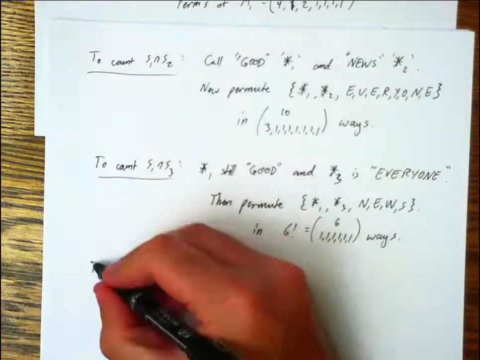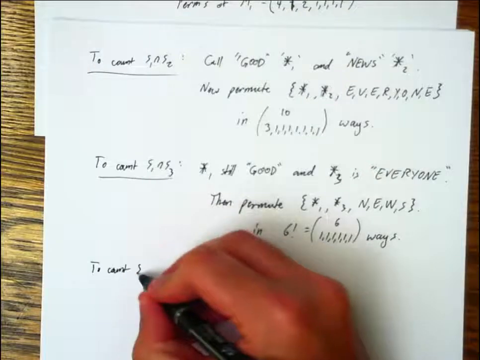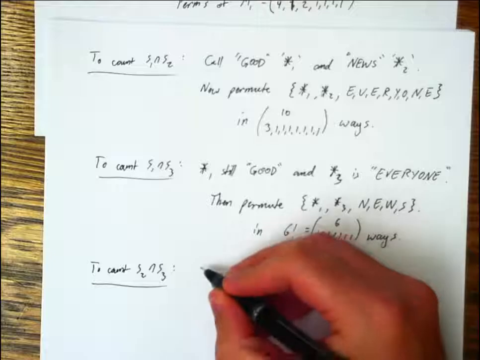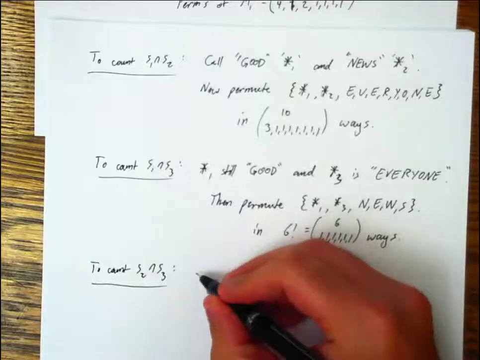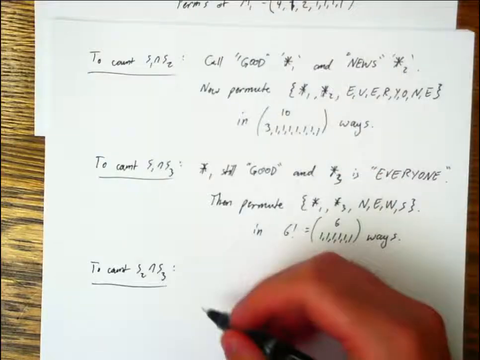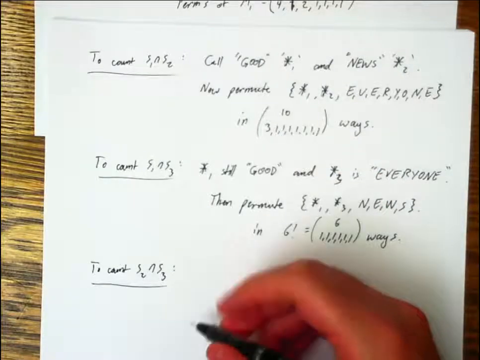Okay? And to count S2 intersect S3, we're going to use the same notation. Star 1 is no longer part of this, so it's just stars 2 and 3.